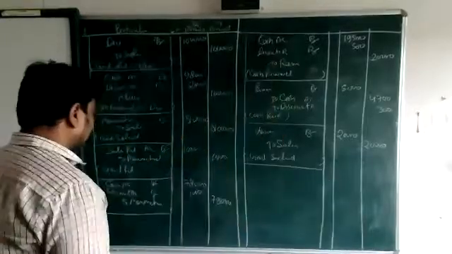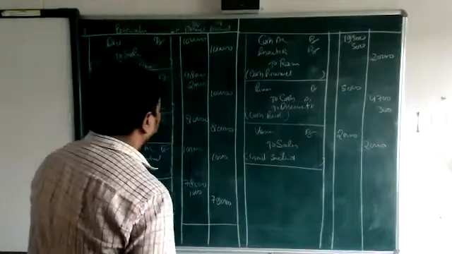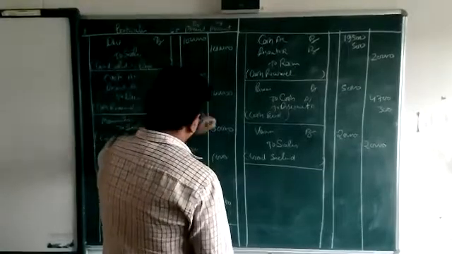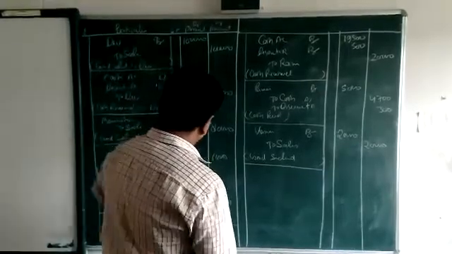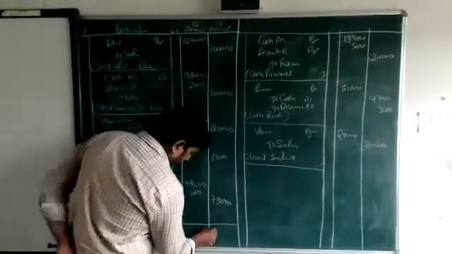Then totaling, start totaling. First page totaling. Then 1 lakh, 2 lakh, 2,80,000, and 3,60,000.